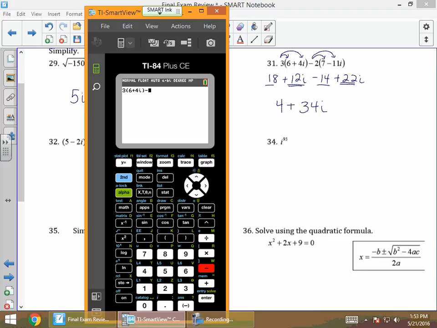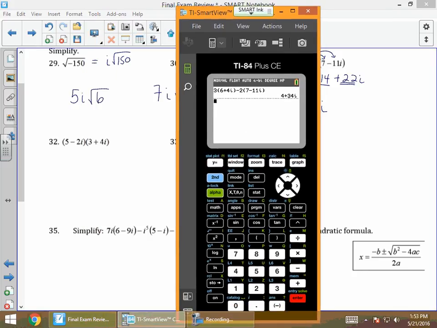And then minus 2 times 7 minus 11i. When I add those two things together, I can see I get 4 plus 34i. So just changing the mode on your calculator will allow you to do some of this stuff.